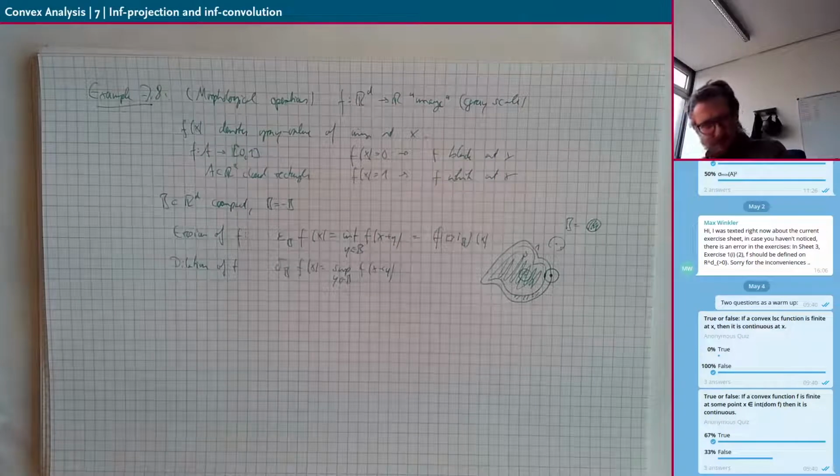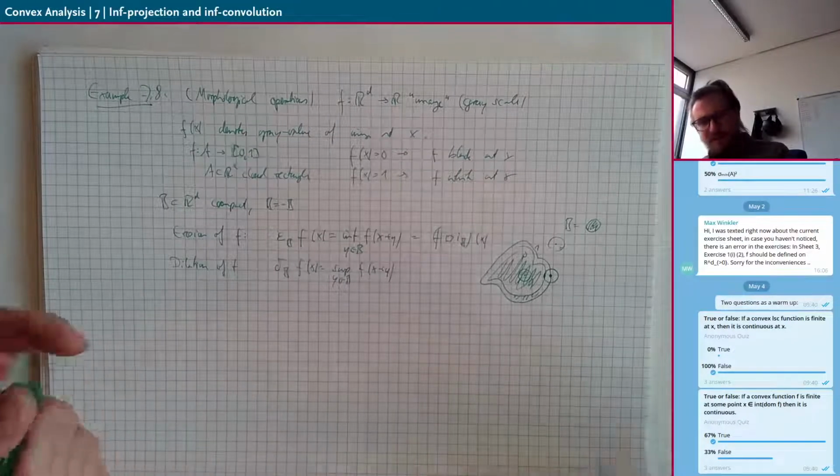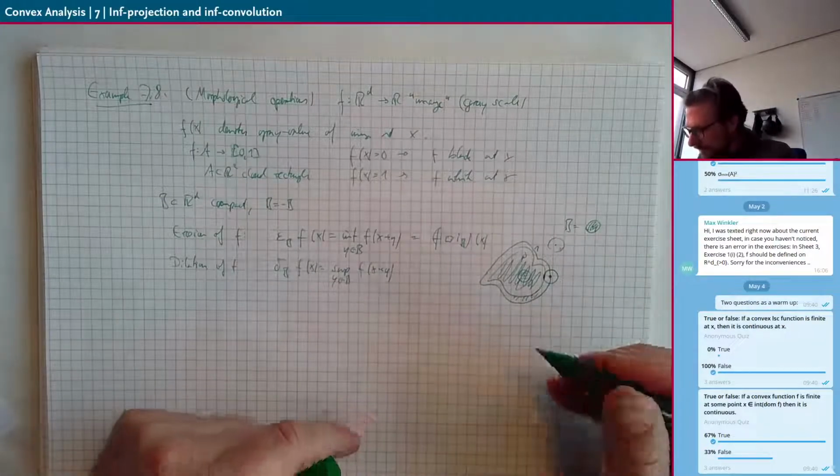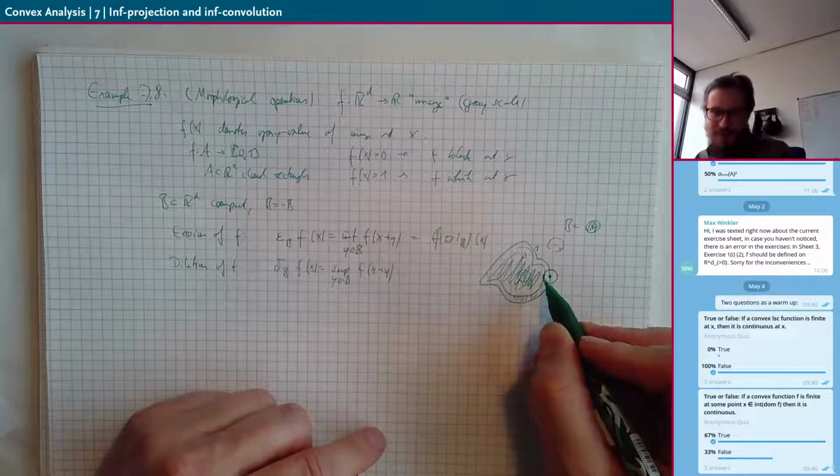Okay, before we show you pictures of this, there are pictures in the lecture notes, you may have downloaded them already. What happens for dilation? For dilation, it's the other way around. As soon as you're touching the boundary from the inside, you are assigning white.